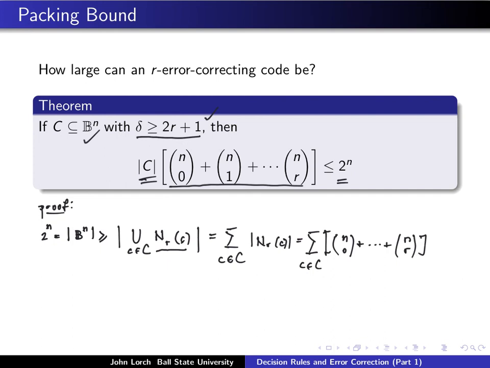So in essence, we're taking this quantity, which is the size of each one of these neighborhoods, and adding it to itself a whole bunch of times. How many times are we adding it to itself? Exactly the size of C times.